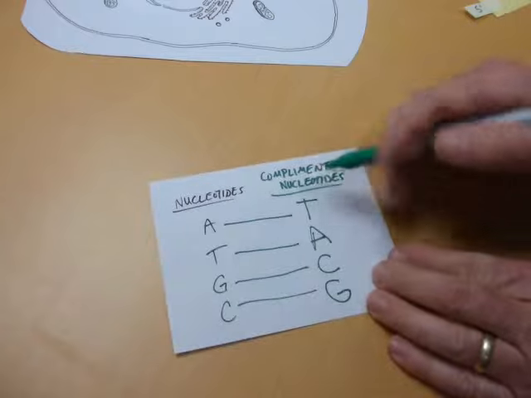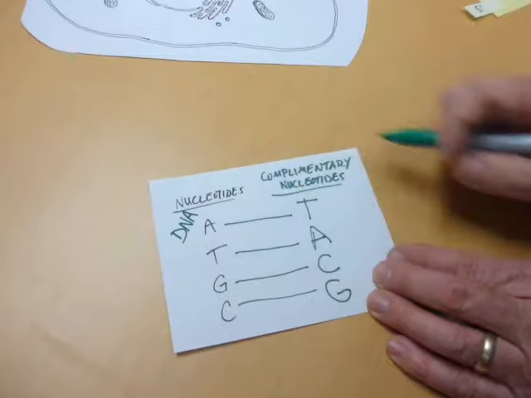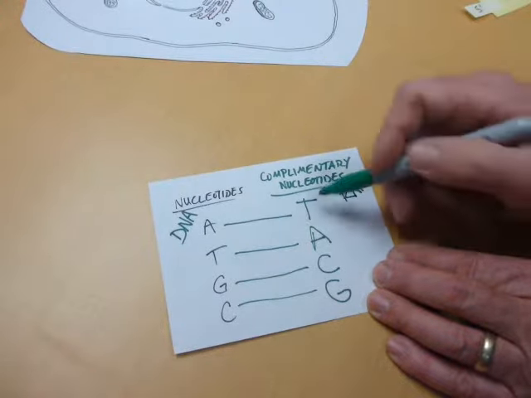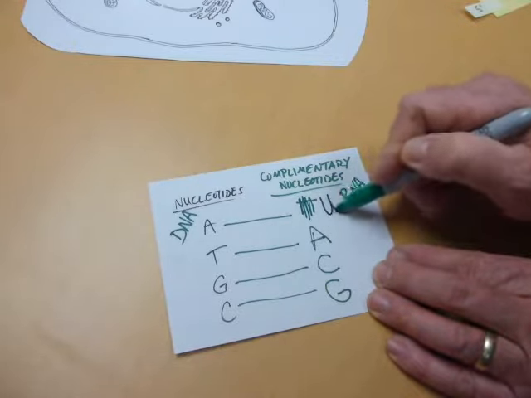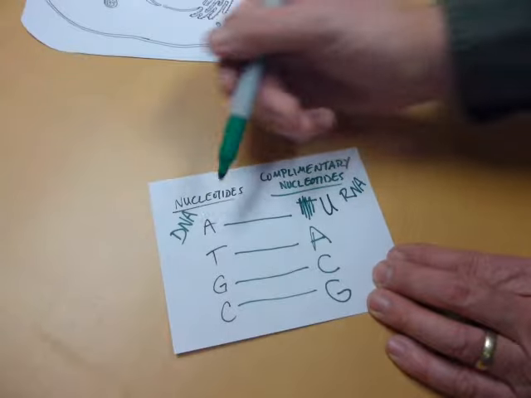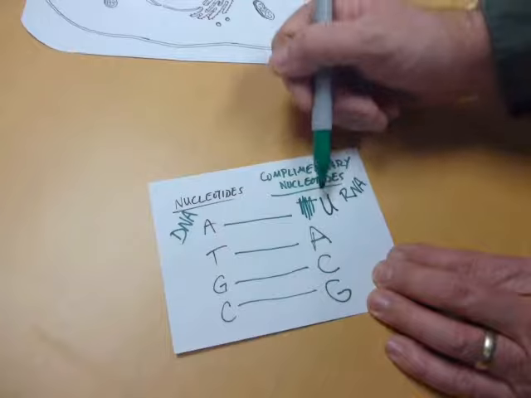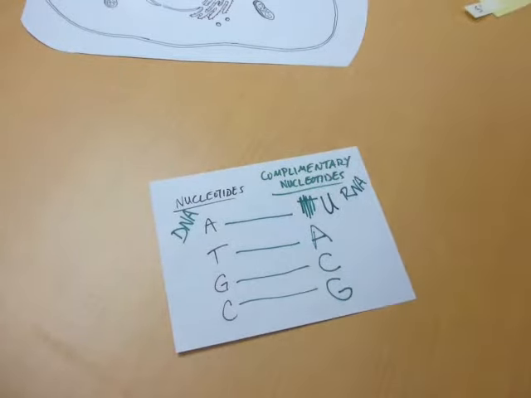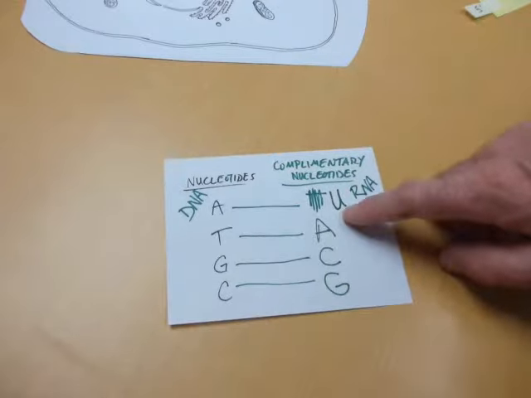The main rule that's different here is that if this over here is DNA and this is RNA, then instead of T for thymine, we use a U for uracil. So anytime that DNA is an adenine, we're going to match it up with a uracil, the U, instead of a T. Other than that, the complementary bases work exactly the same. Most of those nitrogen bases are exactly the same as their DNA counterparts, just not that one.